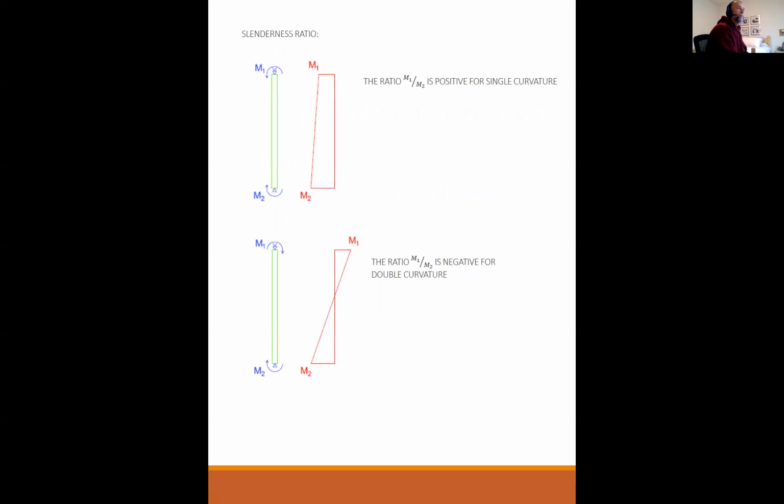I put it in the negative in the example because of the definition here, where M1 over M2 is negative for double curvature and positive for single curvature. That's why my example had a negative, but it really isn't double or single curvature, because in my example the base moment is exactly 0, so it doesn't make any difference.